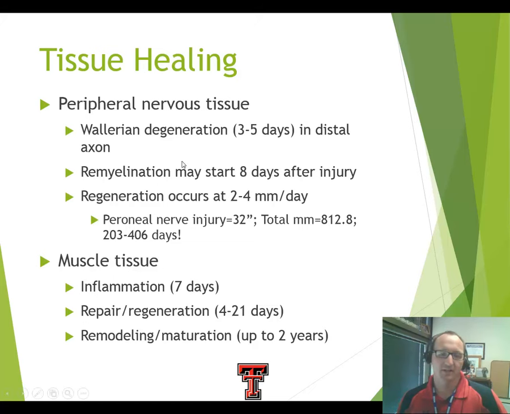Remyelination may start about a week after the injury, and it occurs at a rate of 2 to 4 millimeters a day. Keep in mind that those cells are continuous, so in order for that nerve to be fully healed, and it's going to start distal and work its way proximal, if we've got a peroneal nerve injury and from root to the distal tip is 32 inches, consider the fact that that's more than 800 millimeters at 2 to 4 millimeters per day.